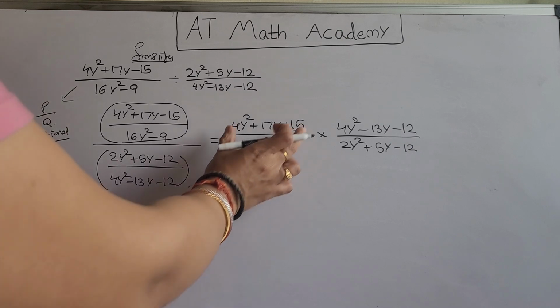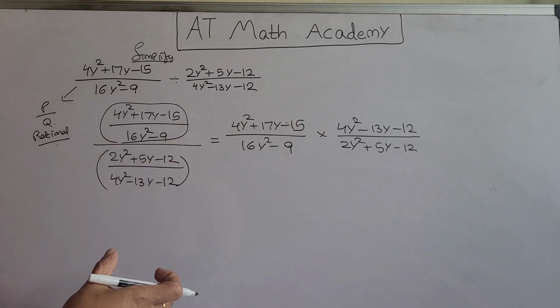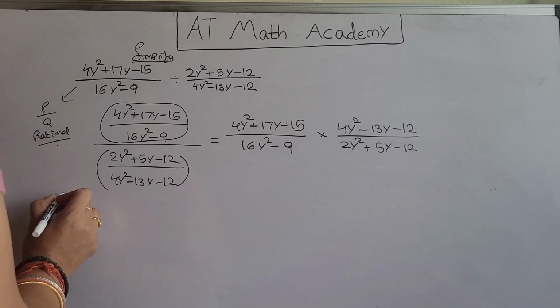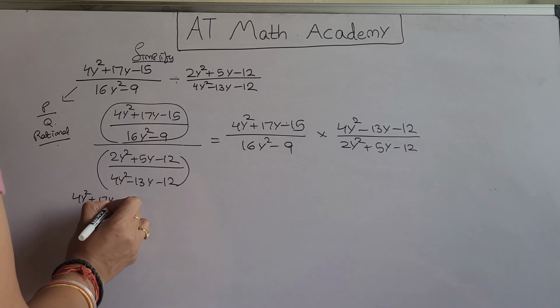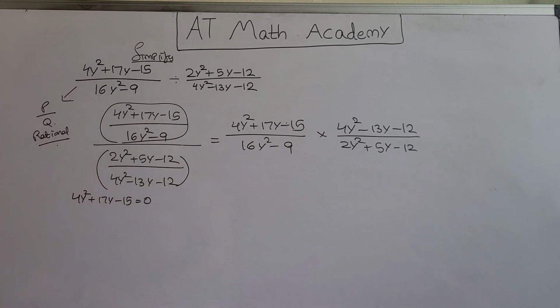Now we will be taking individual quadratic expressions and finding out the roots for these expressions. Let me take my first expression, 4y square plus 17y minus 15 equal to 0, and find out the roots.